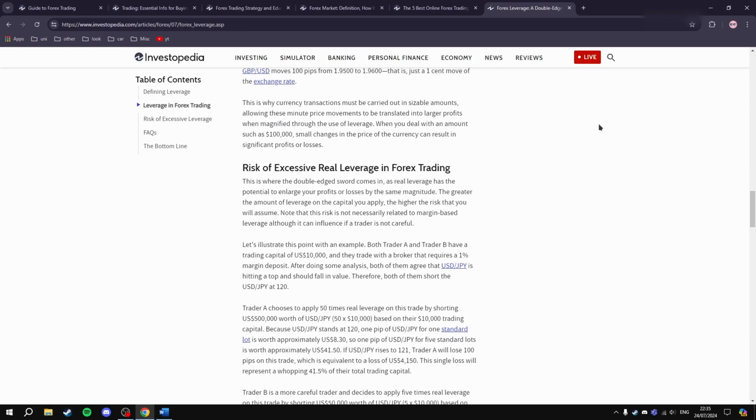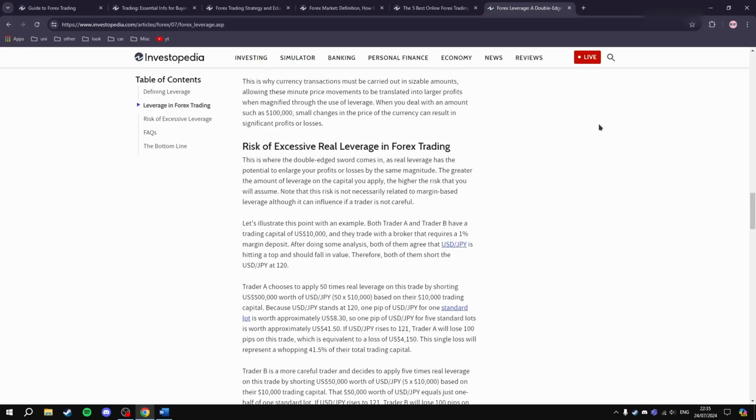This is why currency transactions must be carried out in sizable amounts, allowing these minute price movements to be translated into larger profits.